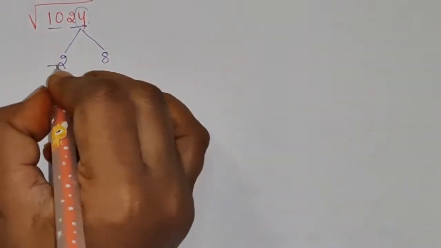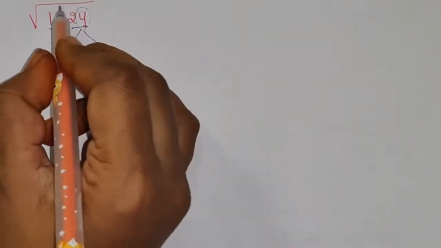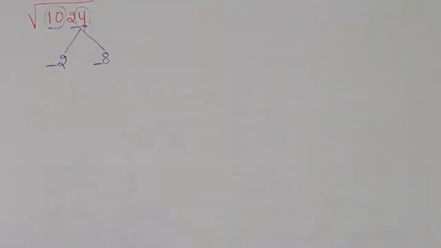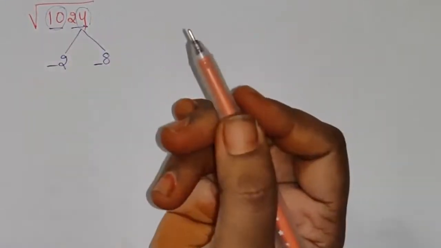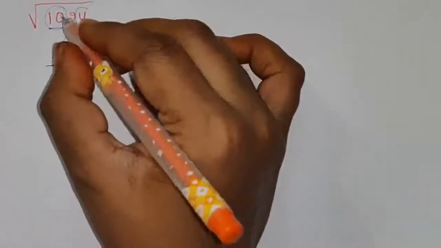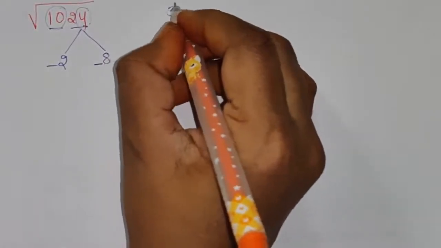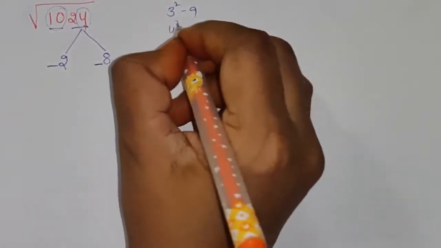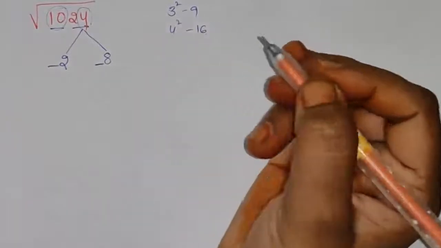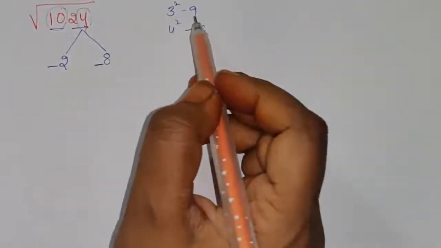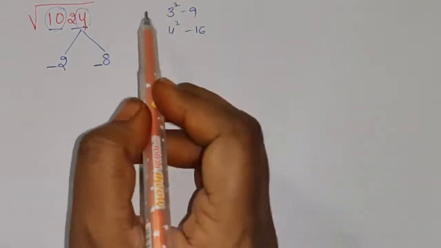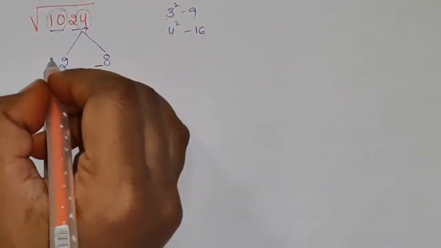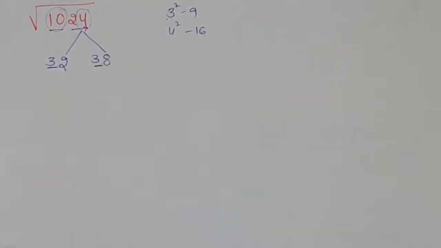What about the other digit? To check this we need to check the first digits, that is the number which is lying between two square numbers. 10 is lying in between 3 square is 9 and 4 square is 16. Okay, so I said we'll prefer the smallest number. So 3 is the smallest number. This may be 32, this may be 38.